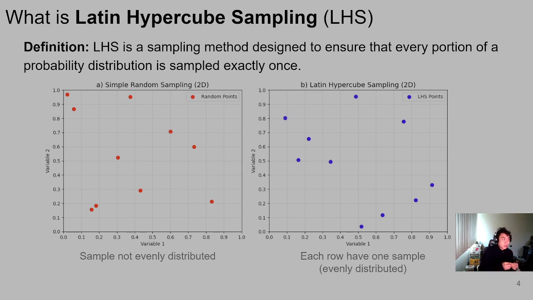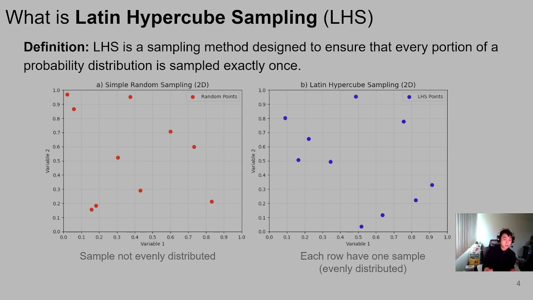You can imagine an n by n chessboard, and you want to put n chess pieces on the chessboard so that no pieces share the same row or the same column. This is exactly what LHS does with our data. It guarantees that we have exactly one sample in every row of probability and every column of probability.